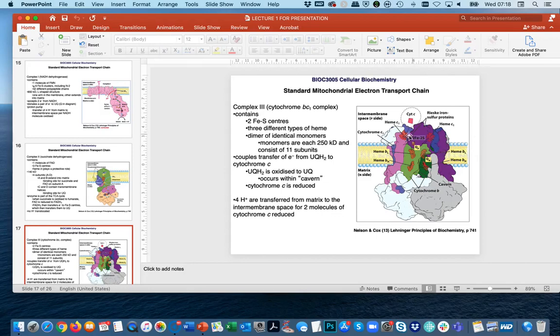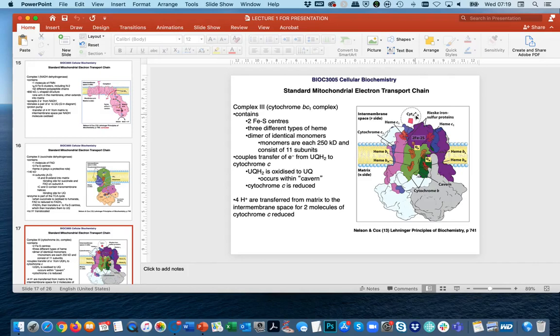So the Rieske iron-sulfur part of complex 3 is mobile, so it can move into the plane of the mitochondrial membrane, take on those electrons from the UQ pool, and then transfer those electrons to cytochrome c, which is the second mobile carrier located on the intermembrane side of the mitochondrial inner membrane.